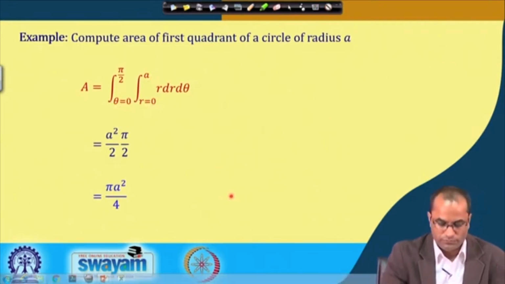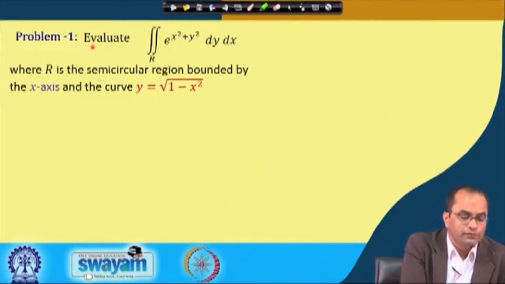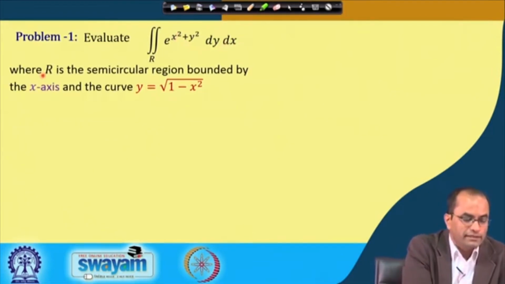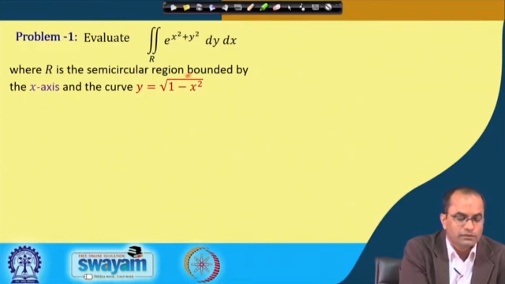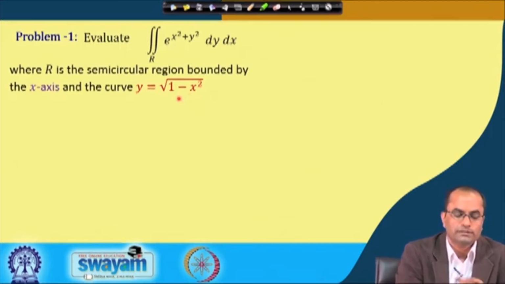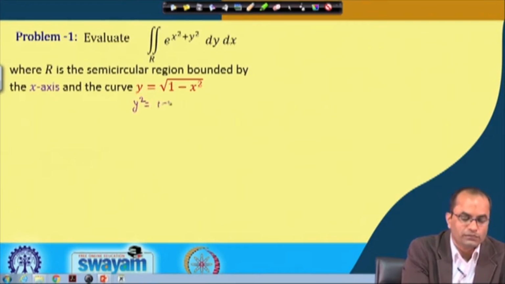Okay, moving next, we have this problem. We want to evaluate the integral of e to the power x square plus y square dy dx, and this R is a semicircular region bounded by the x axis and the curve y equals square root of 1 minus x square. This curve means y square equals 1 minus x square, that is, x square plus y square equals 1.